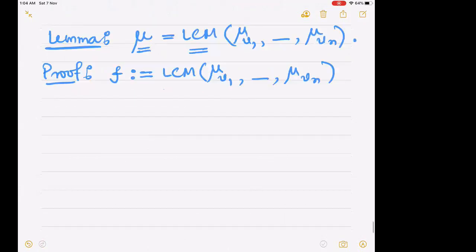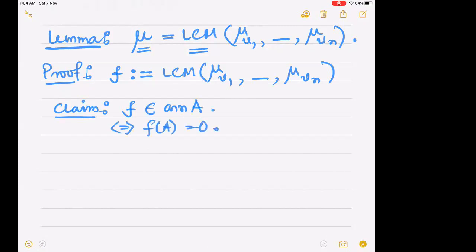We want to prove that f is an annihilator. So first claim is that f belongs to the annihilator of A. That means by definition f(A) must be 0, right? Well, why is that so?